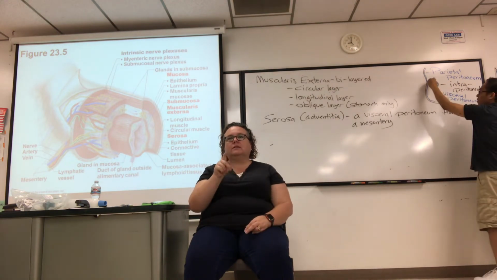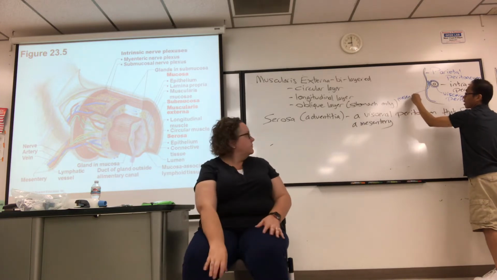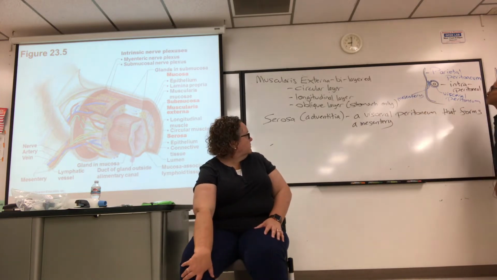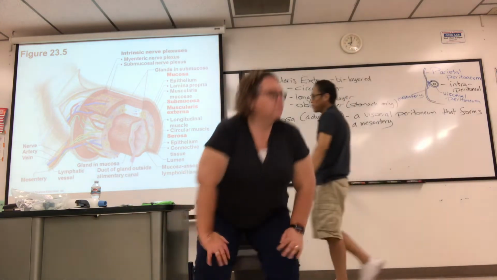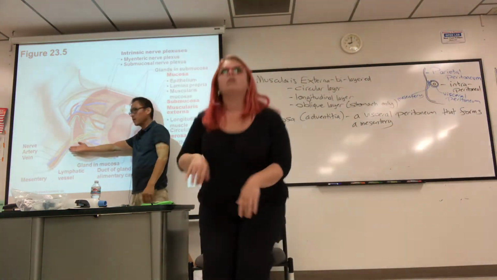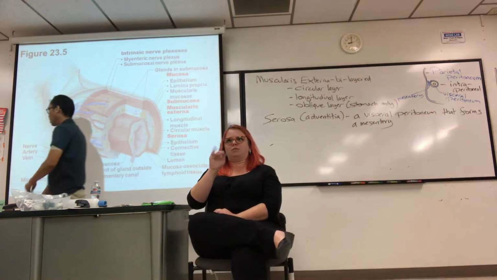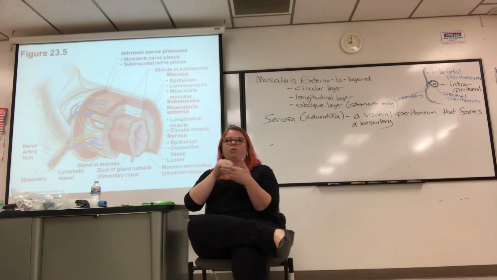This little double thing there. Okay, so that's the serosa, and you can also see that the mesentery has blood supply, nerves, lymphatics. When I get to the end of these slides tomorrow, we're going to learn about the mesenteric artery and vein with the small intestine. It's the general idea.